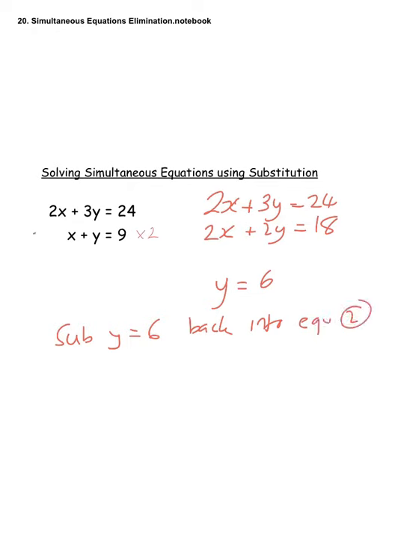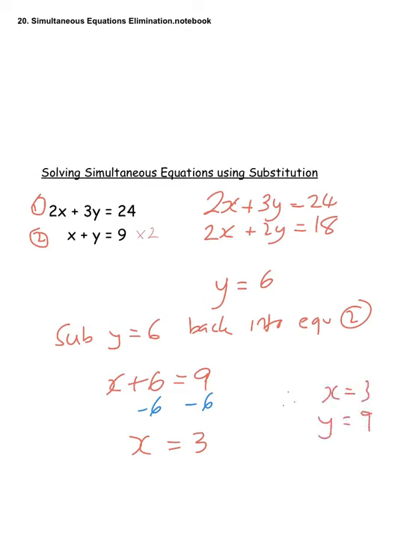Okay, so it might have helped if I had called this equation 1 and this equation 2. So sub y equals 6 back into equation 2, and I get that x plus 6 is equal to 9. Take away 6 from both sides of that equation, and I get that x is equal to 3. Therefore, my final answer, x equals 3 and y equals 6.